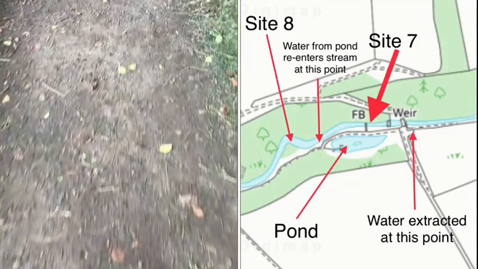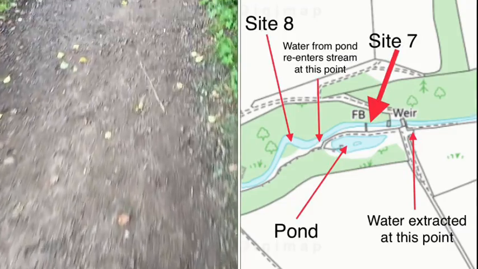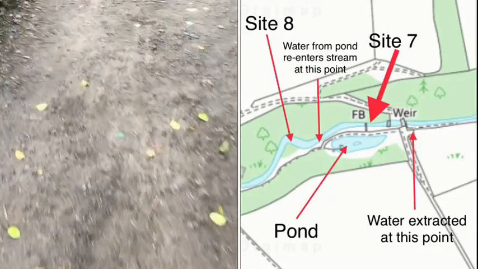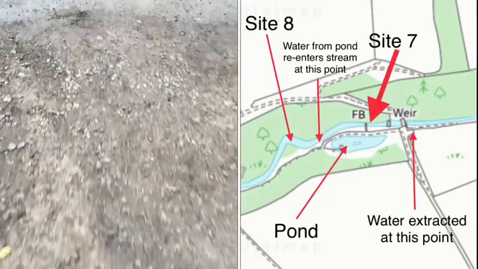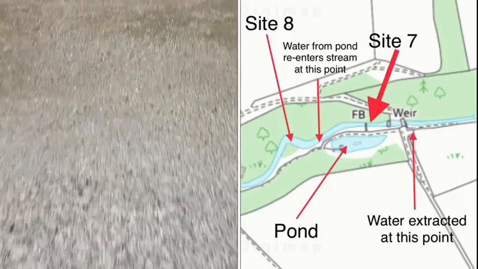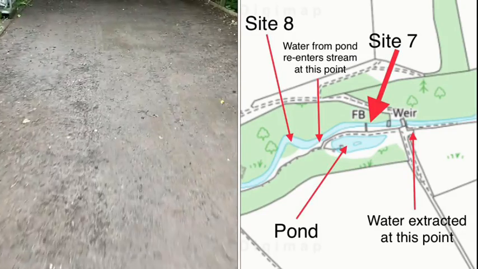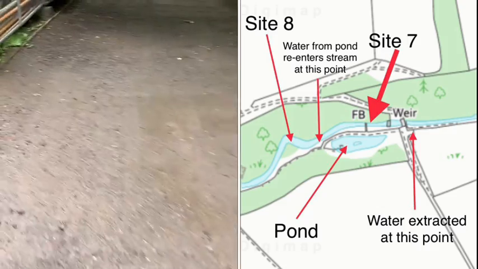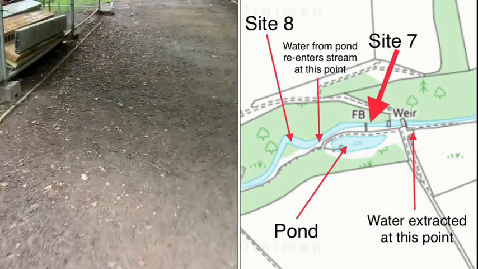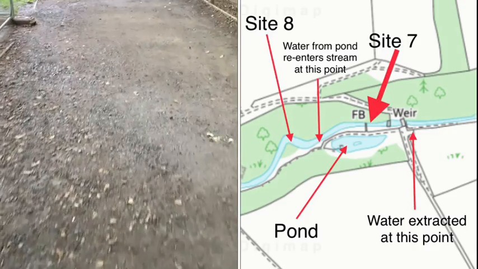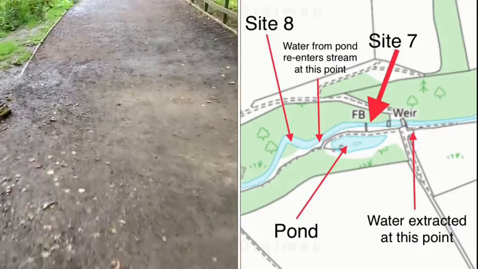We can't see it obviously, but it is running under my feet where I'm walking, and that water, probably close to half of the water in the river, is draining through that pipe underground, and it's filling a duck pond, which has been built just as a kind of feature to allow ducks to come and nest in this area.